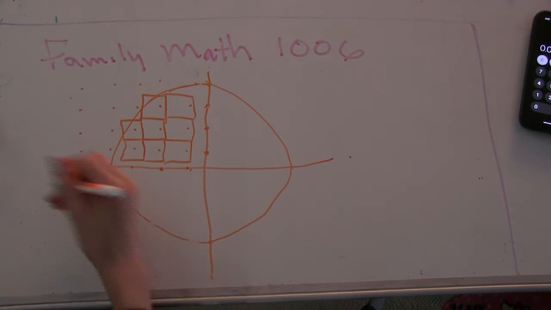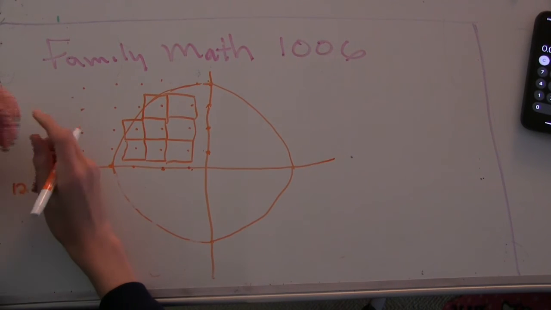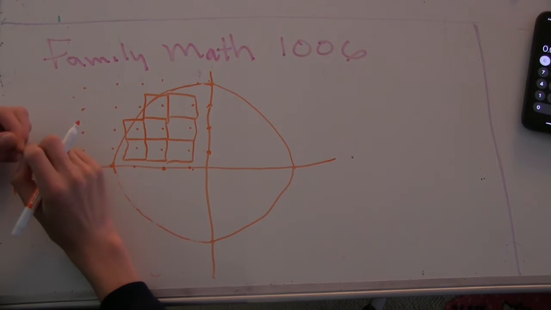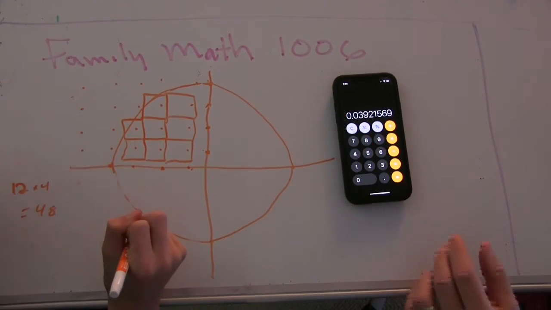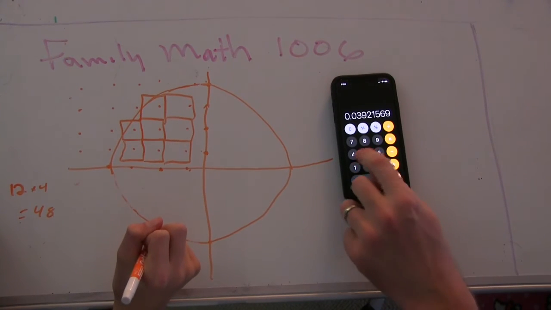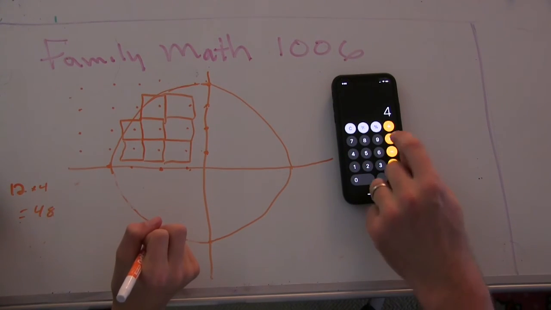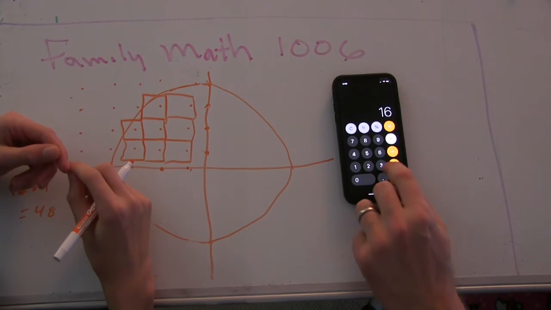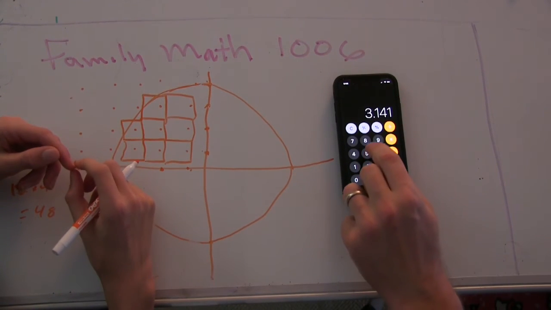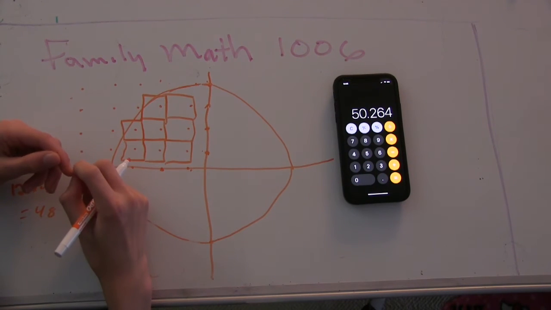Okay. 12, and then times 4 is 48. Okay, and the area of this circle, the radius is 4, so pi times 16, about 50.